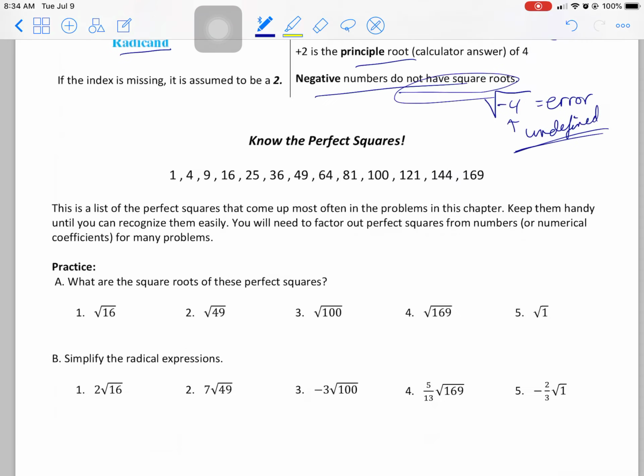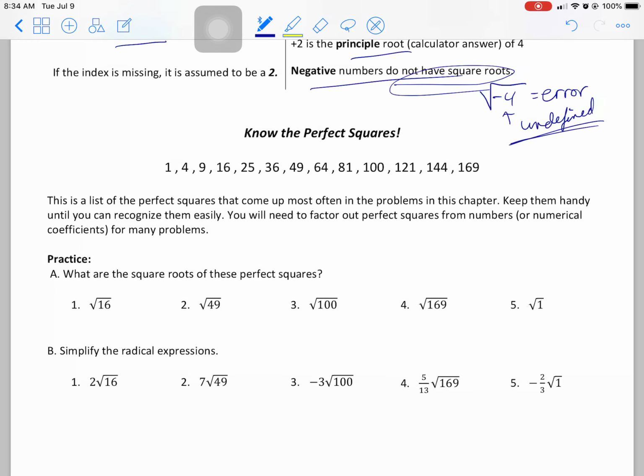So what's going to happen is you're going to get numbers, and it's really important to know your perfect squares. So the square root of 1 is 1. The square root of 2, that's not a perfect square. You put that in the calculator, you get a run on decimal, so it's not a perfect square. Square root of 3, not a perfect square. But the square root of 4, put it in your calculator, you get a 2.